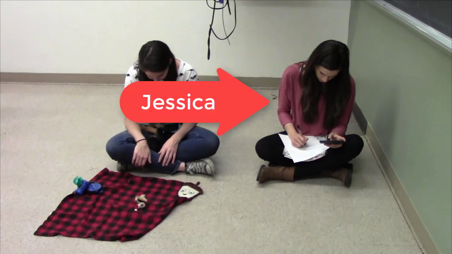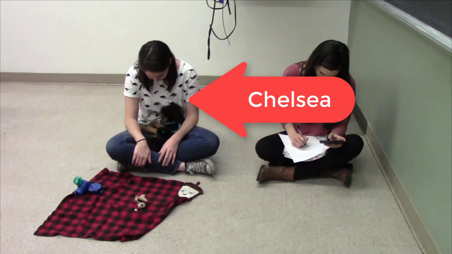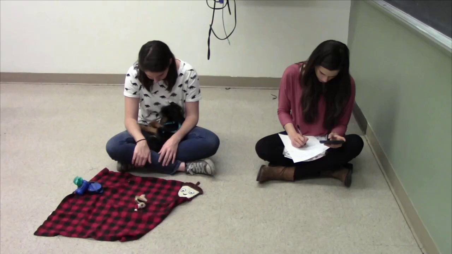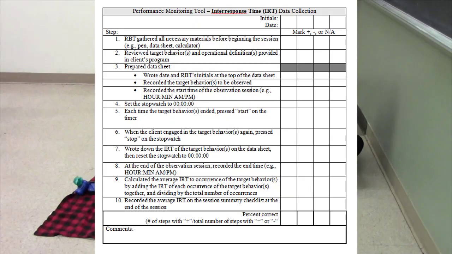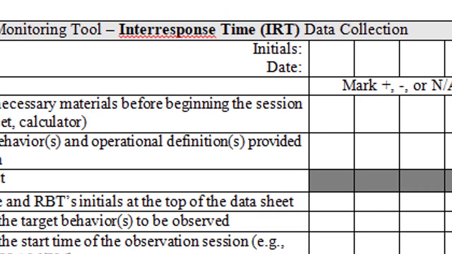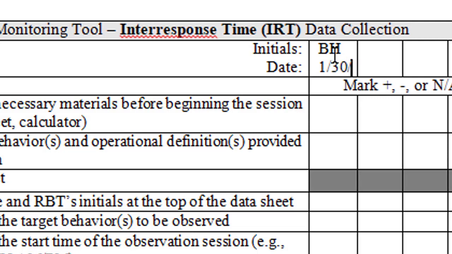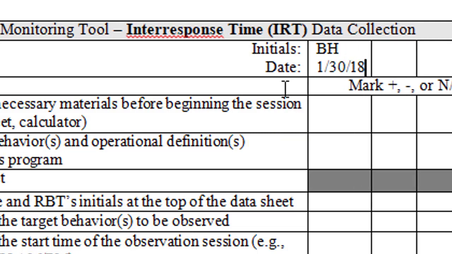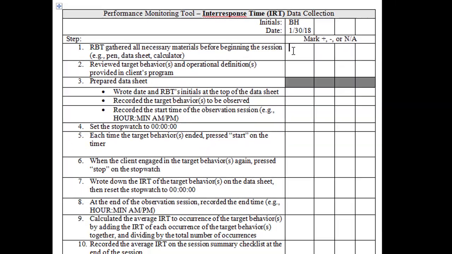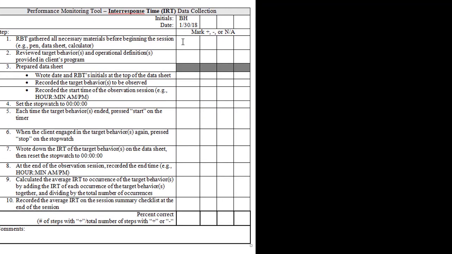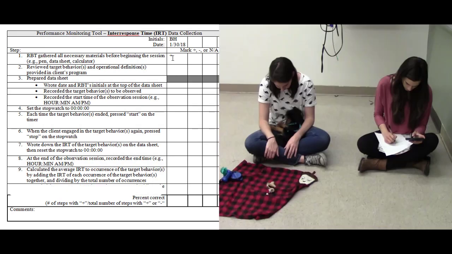Now that you have seen the steps, let's go back to the example from before. This is Jessica, the RBT, and this is Chelsea, the client. I'll be filling out the performance monitoring tool for Jessica, the RBT. I'll start by putting my initials and the date. Jessica gathered all the necessary materials.